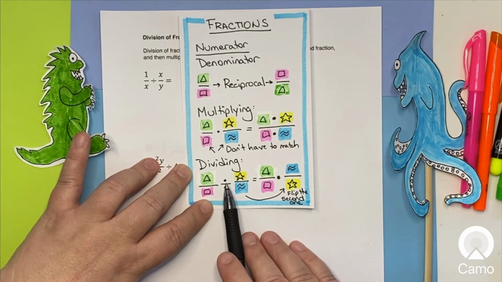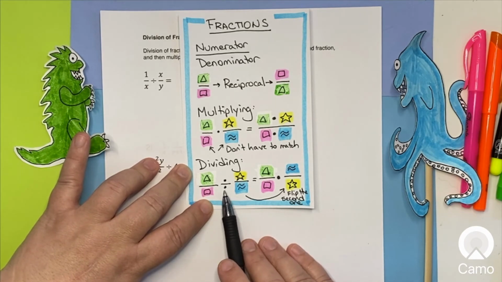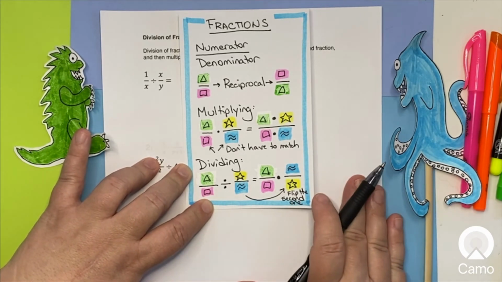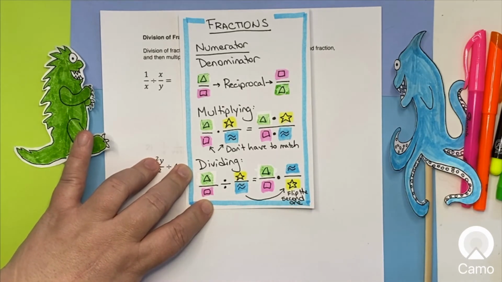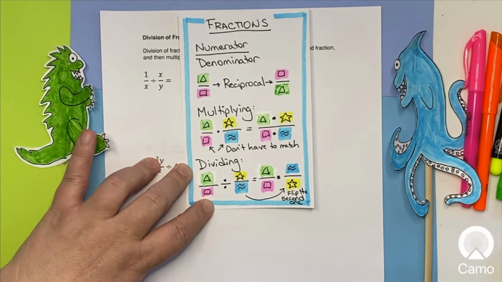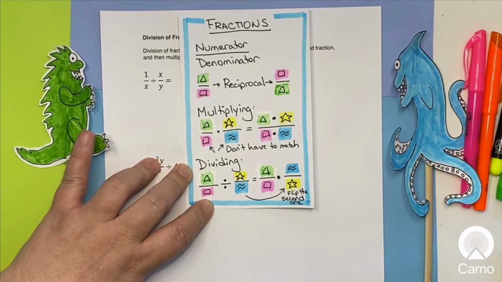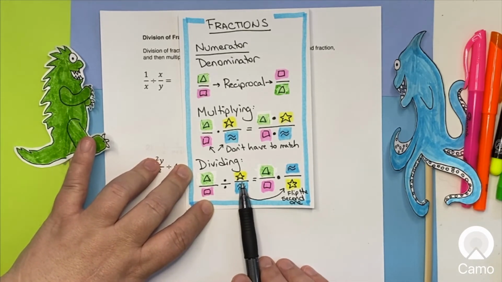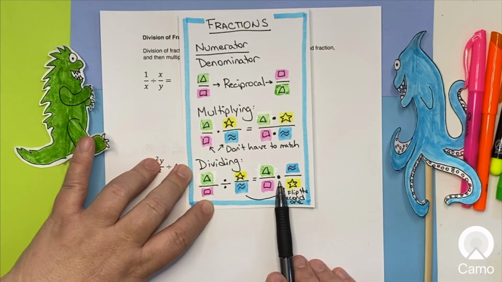Well, it turns out, and though this is not something I'm going to show you in this video, I am happy to show it to you, like at office hours, you can ask me, or maybe I'll even make another video that explains this. It turns out that when you're dividing by a fraction, you actually get the same result if you multiply. And here's where we went over the reciprocals at the beginning.